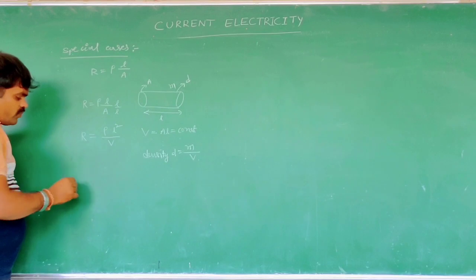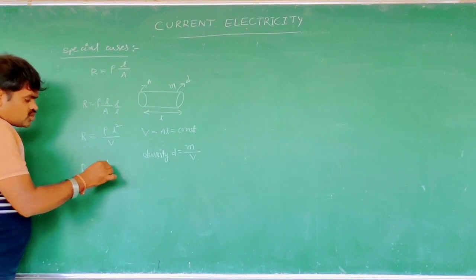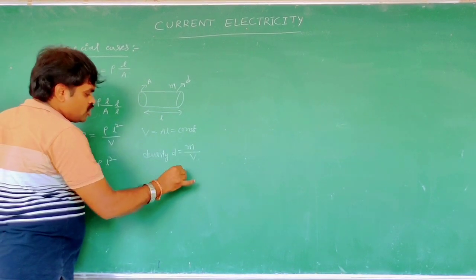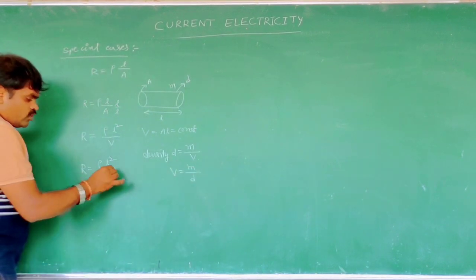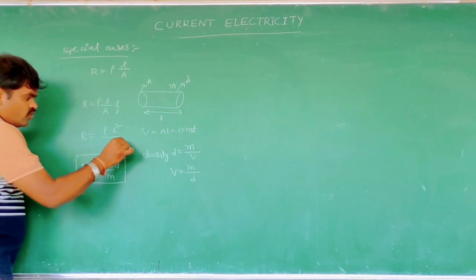Now here R is equal to rho L square by V, where the total volume of the conductor V, in terms of mass per density, can be written as mass by density. These are the two formulas.